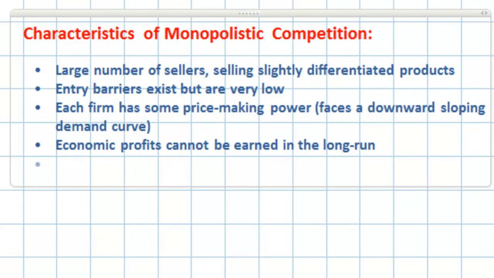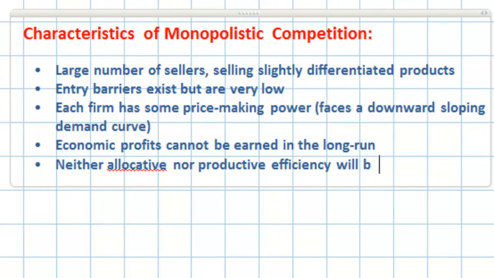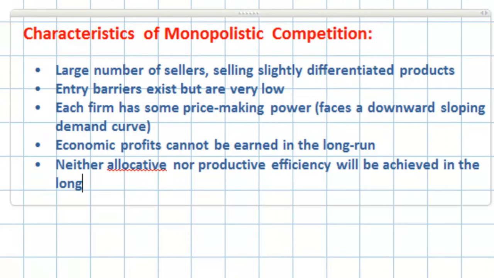So economic profits cannot be earned in the long run because the entry barriers are low and entry eliminates profits. Finally, we can say that due to the price-making power of monopolistic competitors, neither allocative nor productive efficiency will be achieved in the long run.